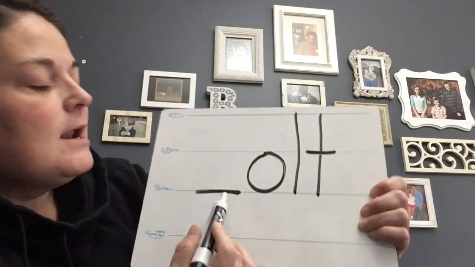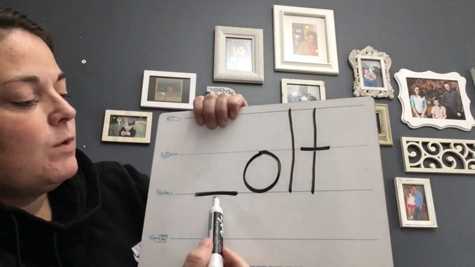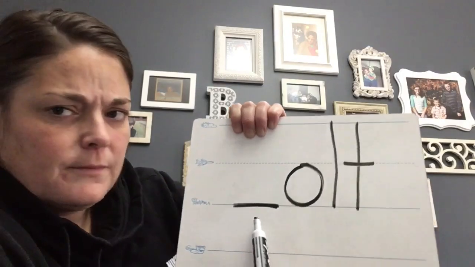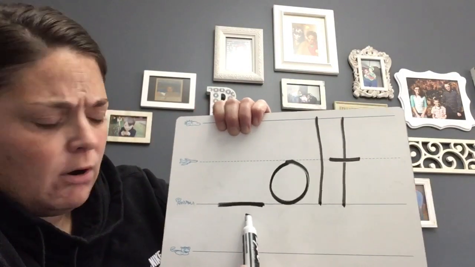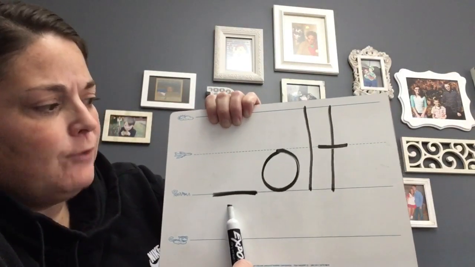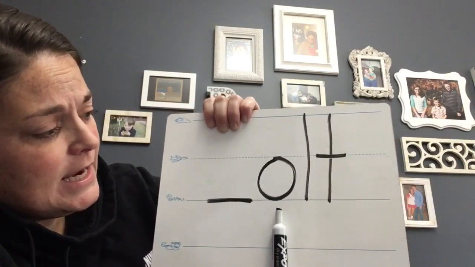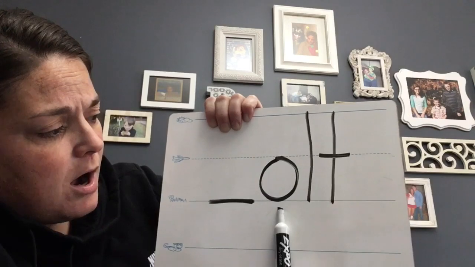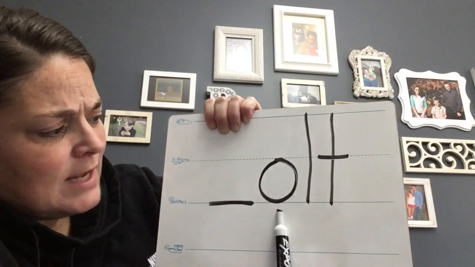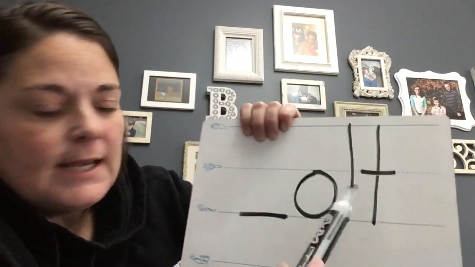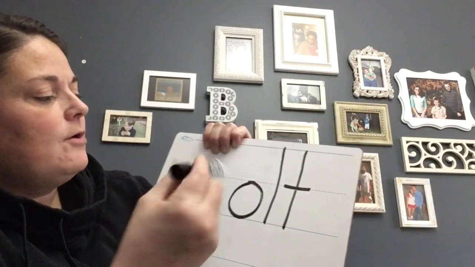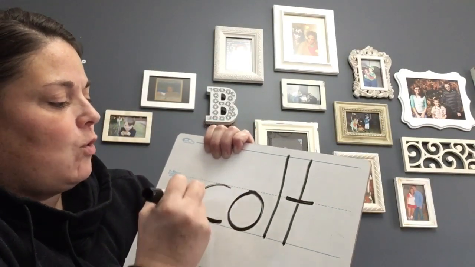So what's the rule for, Lord have mercy, I need a cup of coffee. Look at the letters around it. Is the next letter an I, E, or Y? No. So it's not a K. It's a C. Okay, we got it. Colt.